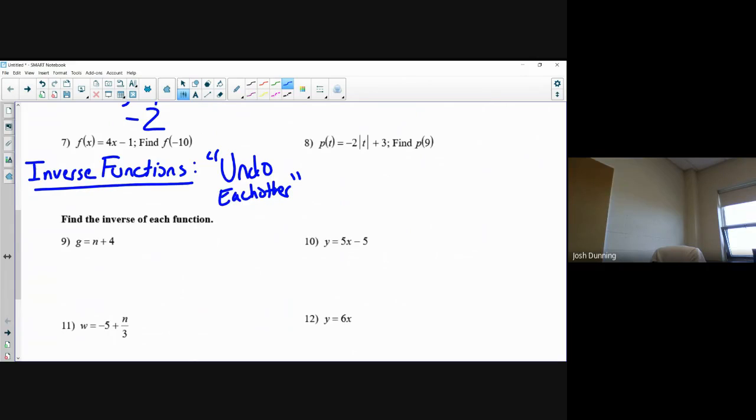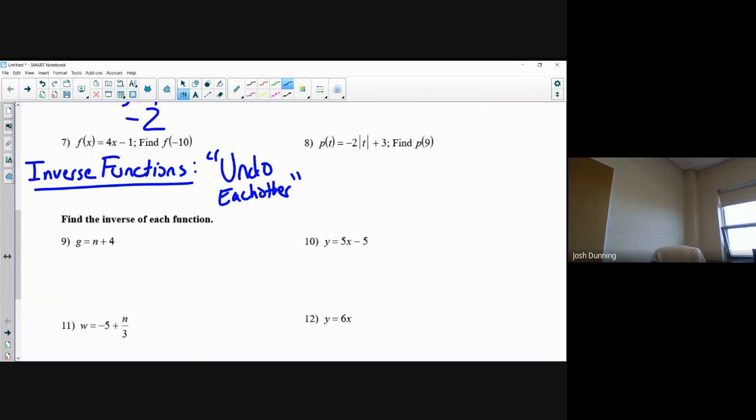You put a number into a function, you get an answer out. If you take that answer, put that in the inverse function, you get the original number back out. A function and its inverse, they undo each other.